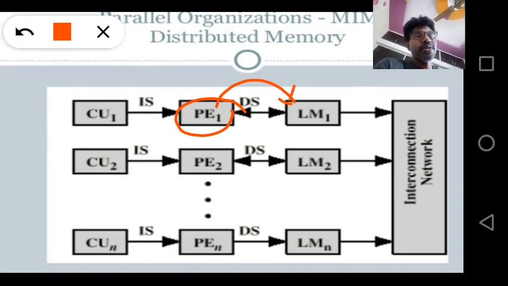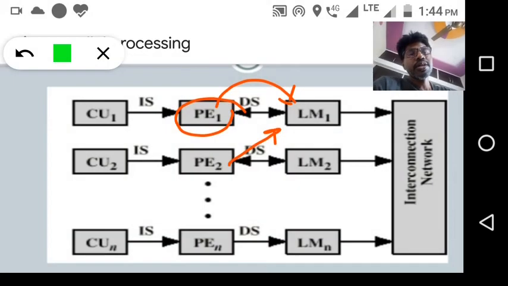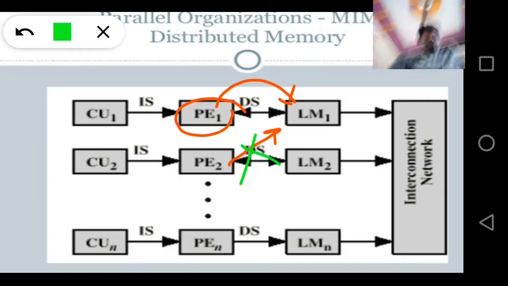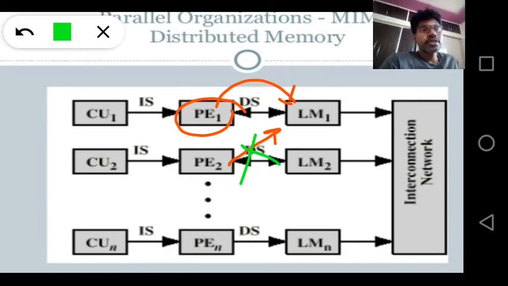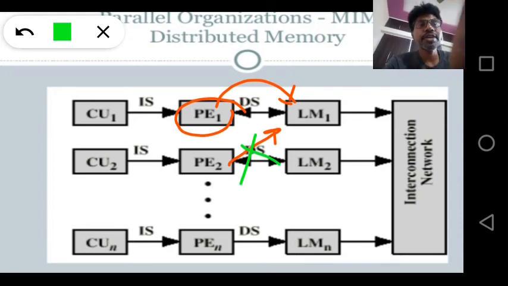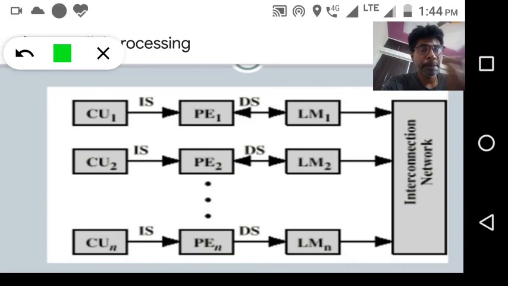The PE2 can't access local memory 1. Each processing element has its own local memory.